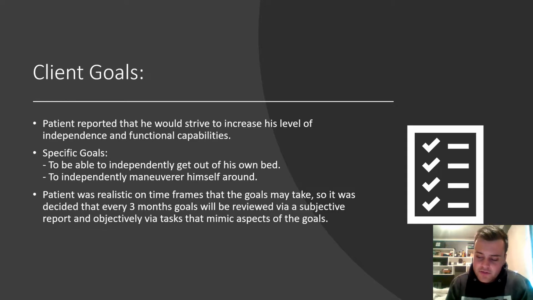The patient was very realistic with the durations that these goals may take to achieve, and it was concluded that these tasks would be reviewed for progress every 3 months, and this would be done via subjective reports and objectively via tasks which replicate the goals that he wanted to achieve.